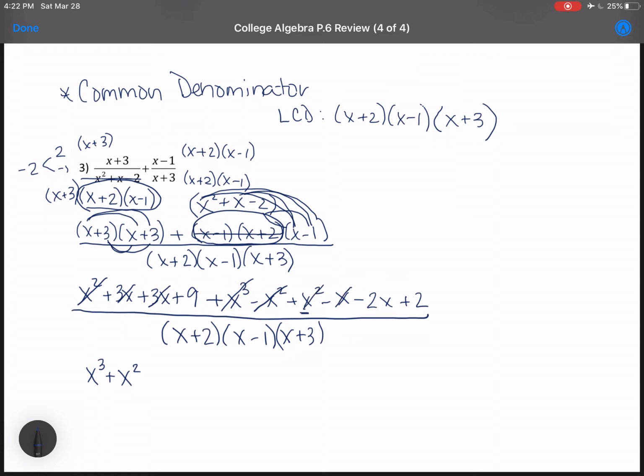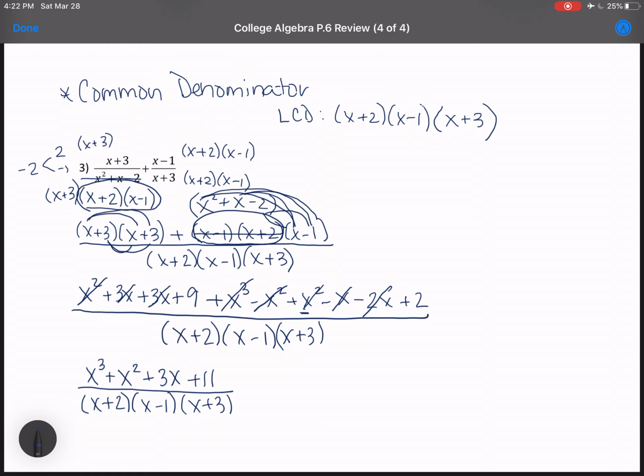Minus x would be 5x. Minus 2x would put us back to 3x. And then 9 plus 2 is 11. All over that least common denominator, x plus 2 times x minus 1 times x plus 3.